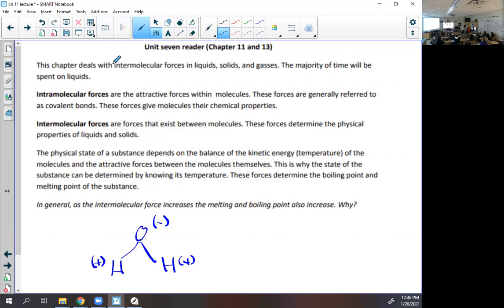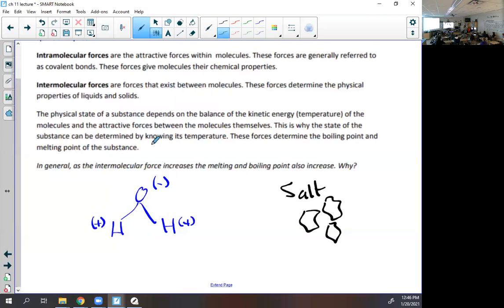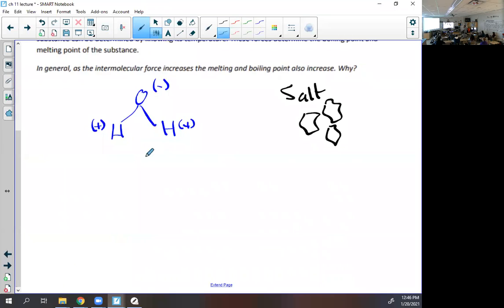Why is salt a crystal at room temperature and water is a liquid at room temperature? We need to say it with words from this. Water has less attraction, or smaller intermolecular forces, than salt does.